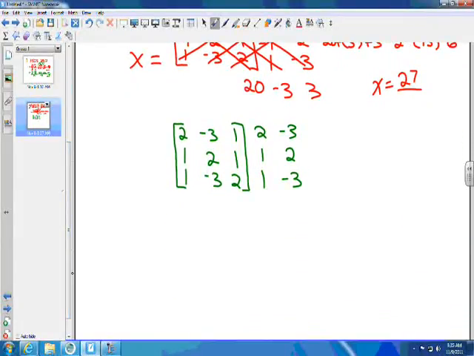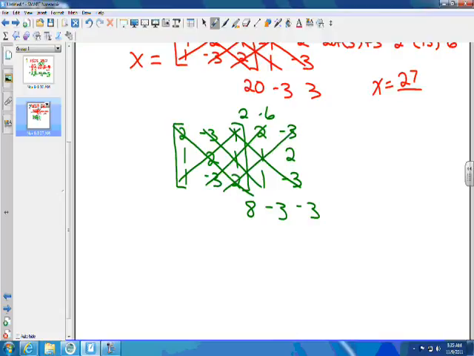So what's your first diagonal? 8, negative 3, negative 3. And going the other way. 2, negative 6, and negative 6. So 8 plus negative 3 plus negative 3 minus 2 minus negative 6 minus negative 6.